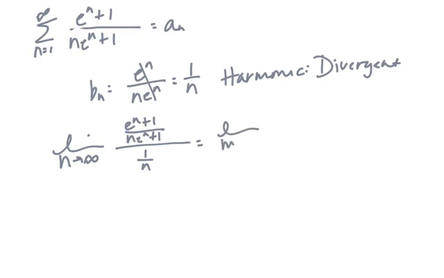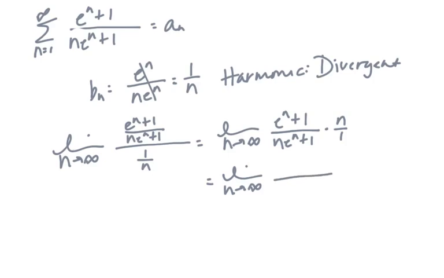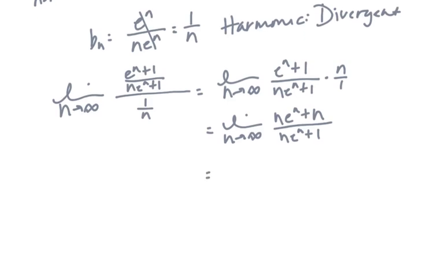So we have the limit as n approaches infinity of e to the n plus 1 over n e to the n plus 1 times n over 1, which gives us the limit of n e to the n plus n over n e to the n plus 1. So let's use L'Hopital's rule here. When you plug in infinity, we have infinity over infinity, which is indeterminate form.